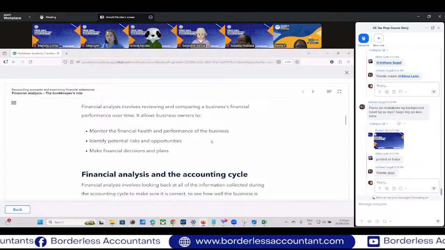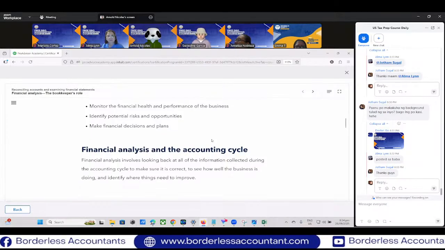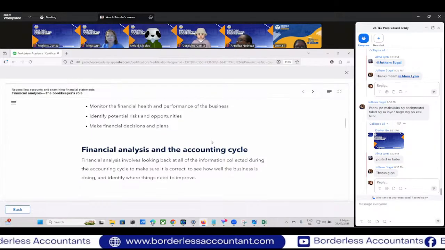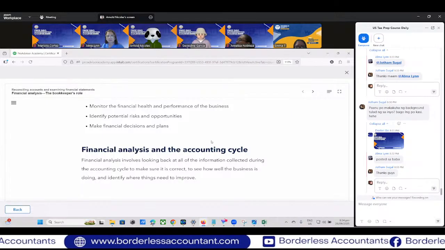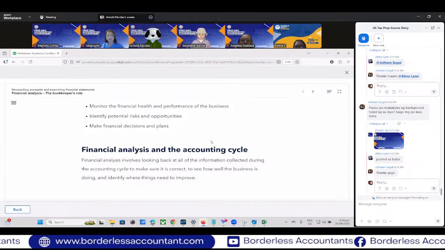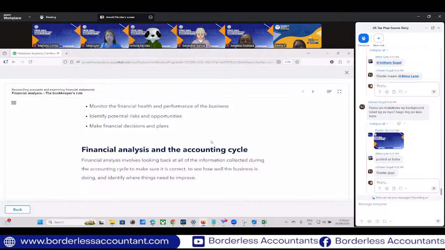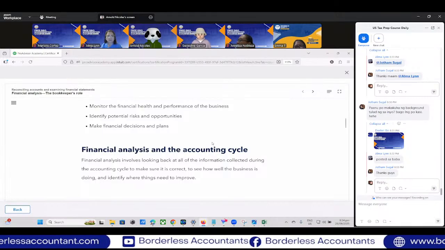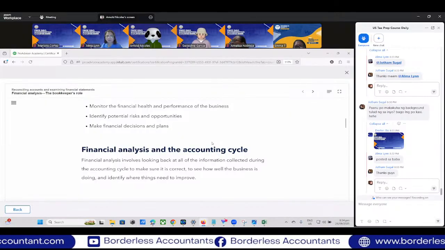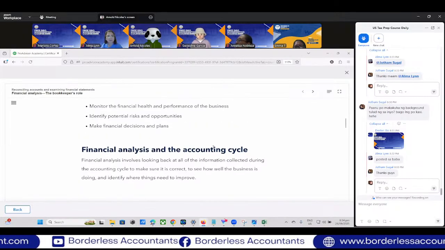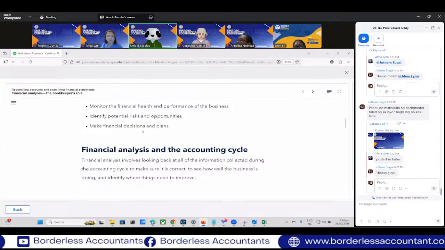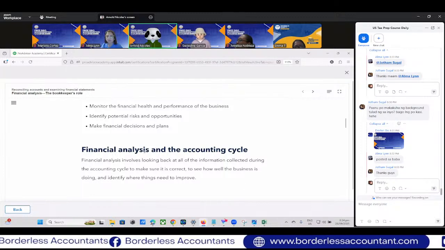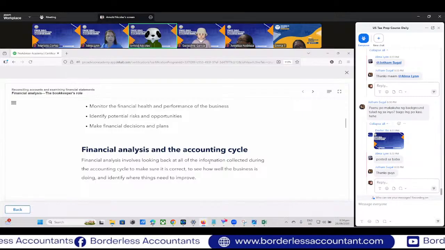Financial analysis and the accounting cycle. The financial analysis involves looking back at all the information collected during the accounting cycle to make sure it is correct, to see how well the business is doing, and to identify where things need to improve. Guys, remember this because most often it comes out on the test.